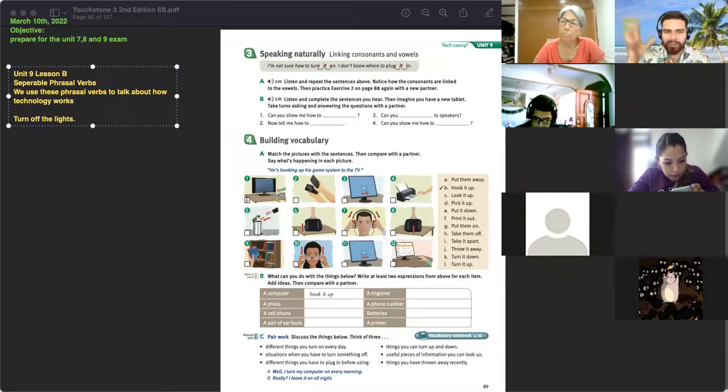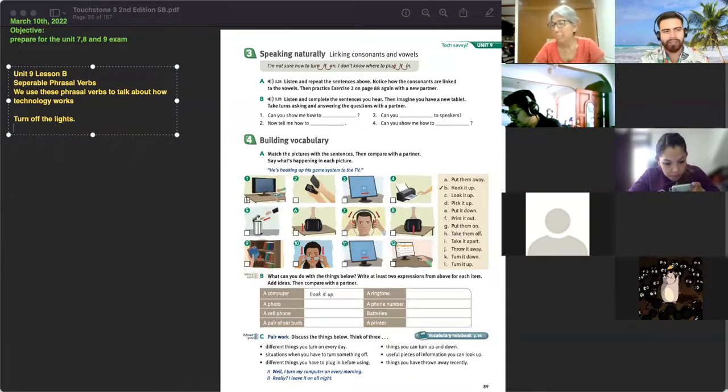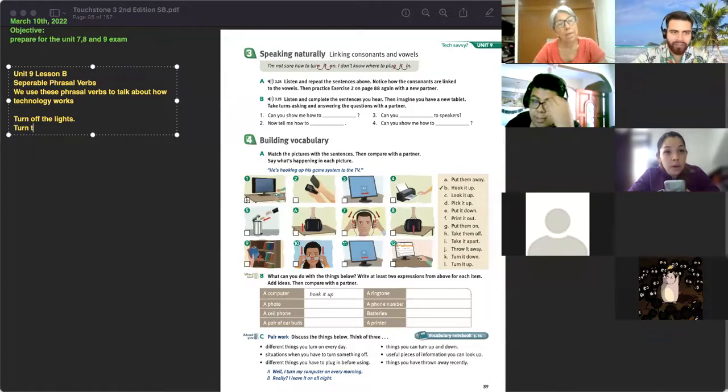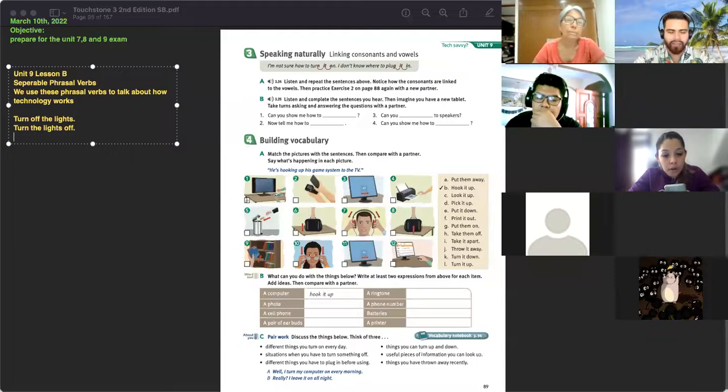It just slips off the tongue better. Turn off the lights. What's another way of saying apaga la luz, Rociel? Ah, yeah. Turn the light off. Turn the lights off.